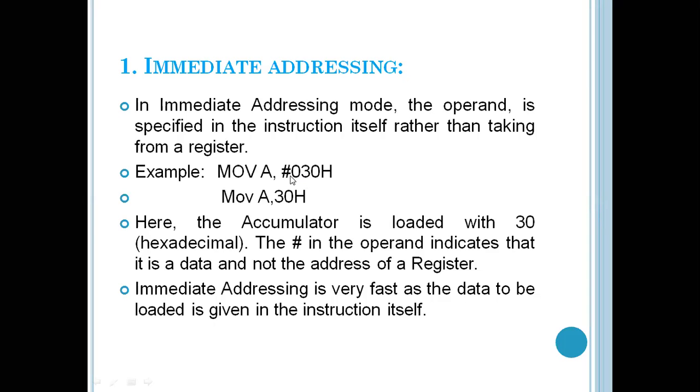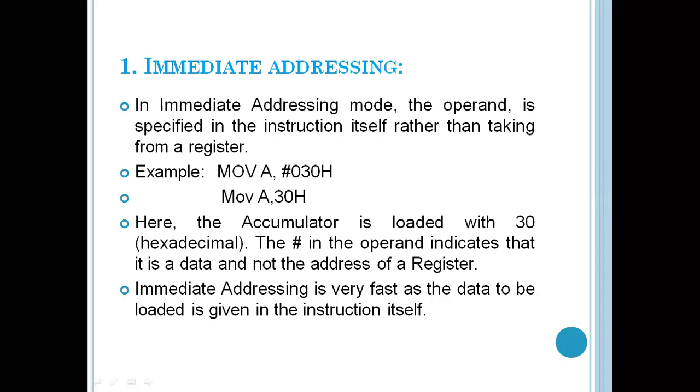So whenever the hash comes, the user or the system comes to know that 30 is taken as data. If there is no hash and we have written the same instruction, MOV A comma 30, what does it mean? 30 is considered as a location, and the data stored at location 30 is moved or copied into the A register. So that is the main difference.